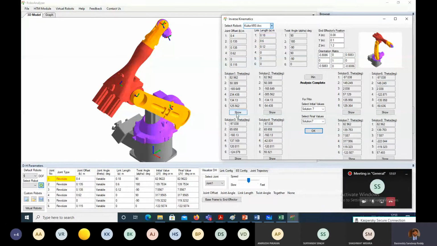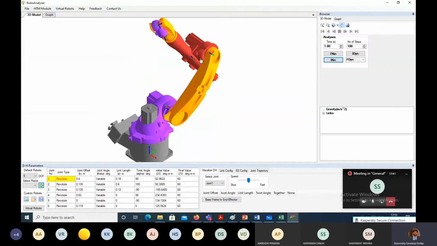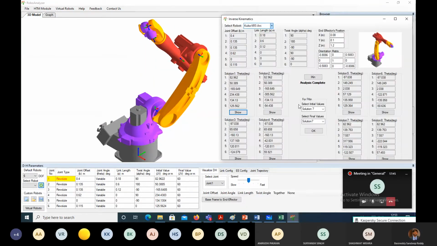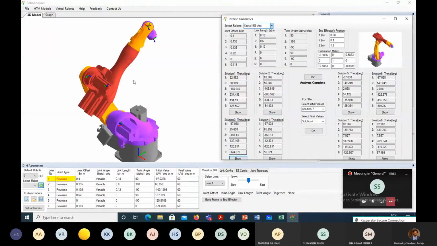Under solution 1, you can see this show button. Show. You can see a change in the shape of the figure. Solution 2, show. The wrist position has changed. Solution 3, it has changed, you can see it. Solution 4, the wrist position has changed.